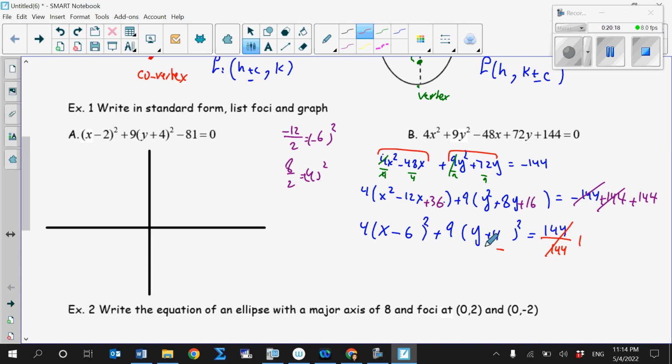But I'm going to do the same thing to the left side as well, because that's what we need to do. Divide by 144.